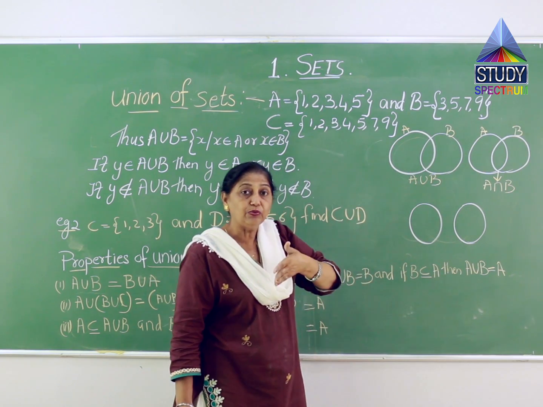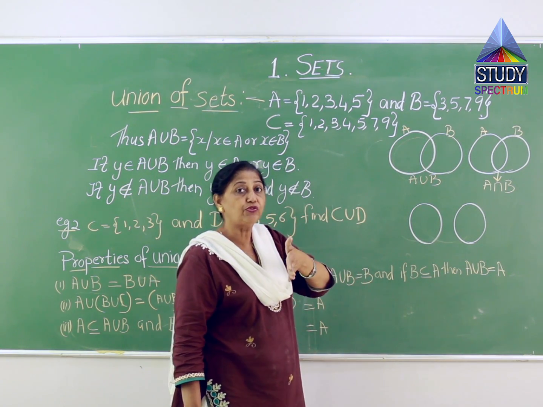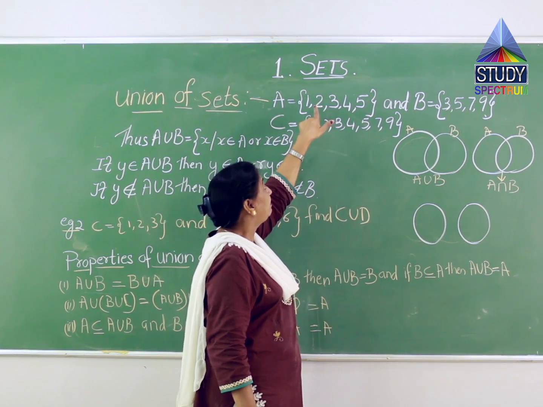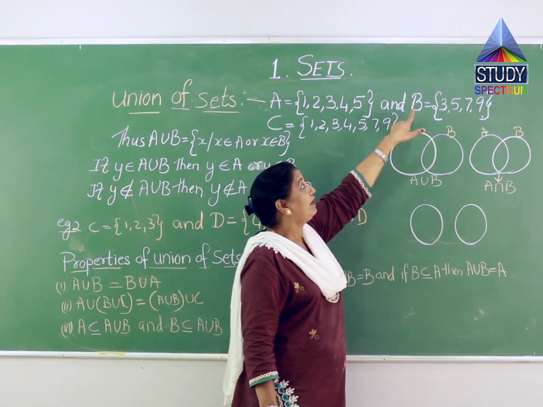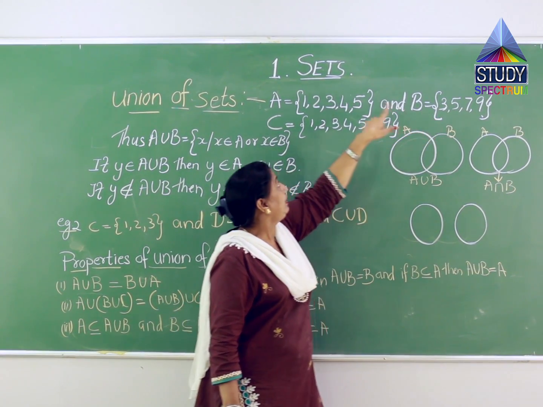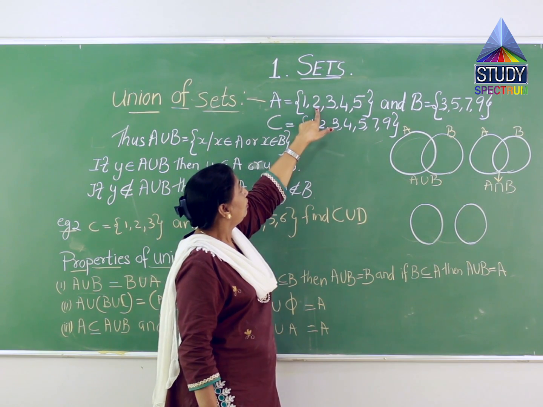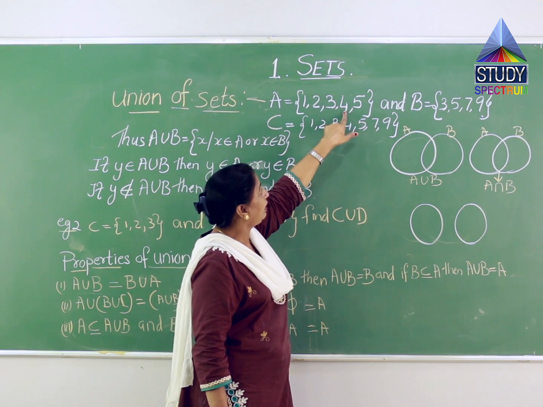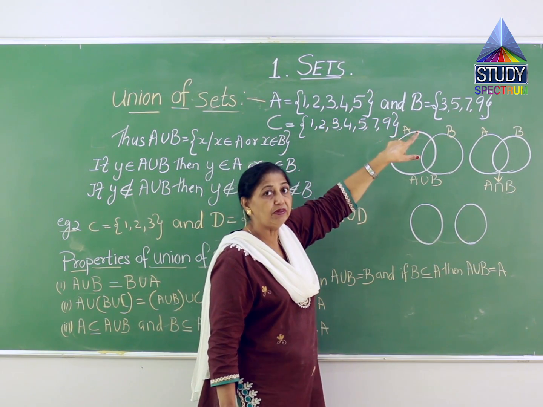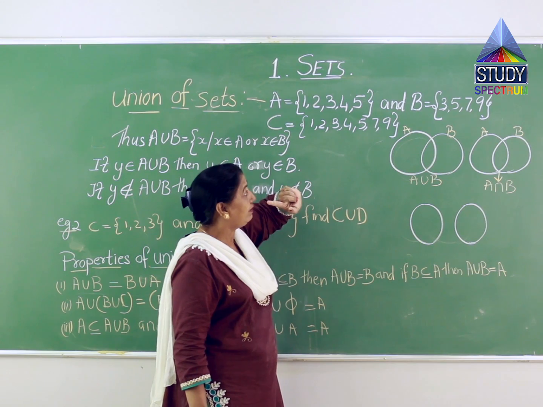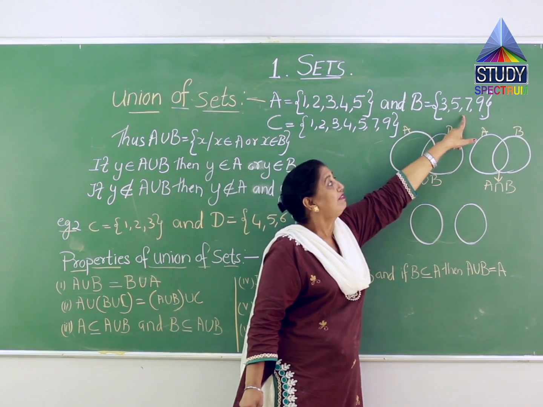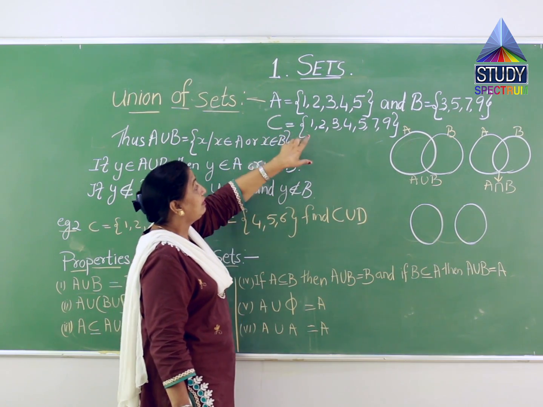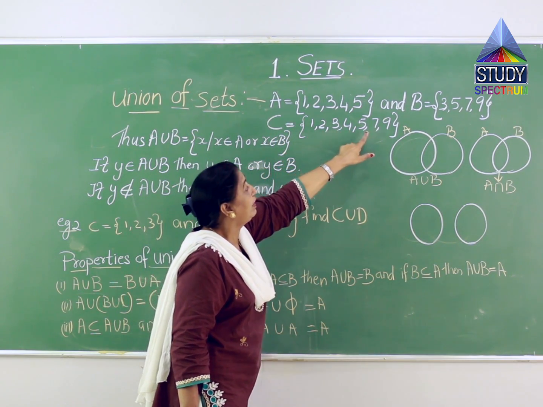When I ask you to give the union of these two sets A and B, it will contain all the elements present in set A and also present in set B. So I will take 1, 2, 3, which is in both sets, so I write 3 only once, then 4, then 5 is also common to both, so I write 5 only once, and then I include 7 and 9. So here C is a set which consists of 1, 2, 3, 4, 5, 7, 9.